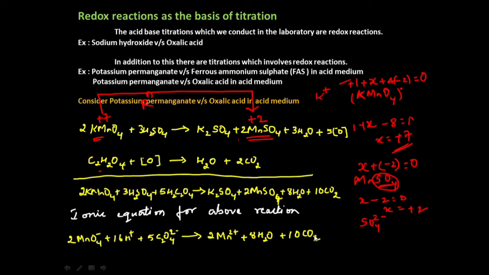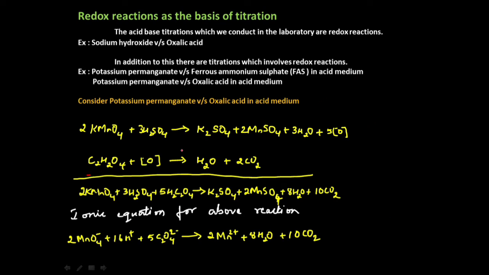I will erase this first. Come here. We have oxalic acid like this, C2H2O4. What is the oxidation state of carbon here? I have to calculate, I will take X. Since there are 2 carbon atoms, I will take 2X, plus the oxidation state of hydrogen. Generally hydrogen exhibits a +1 oxidation state because hydrogen exists as H plus.